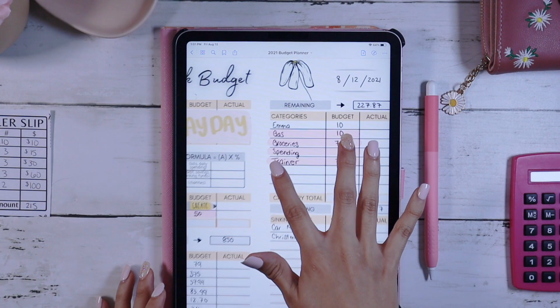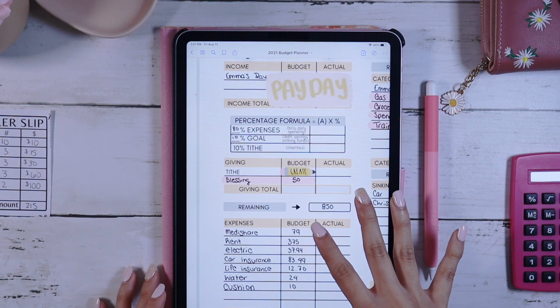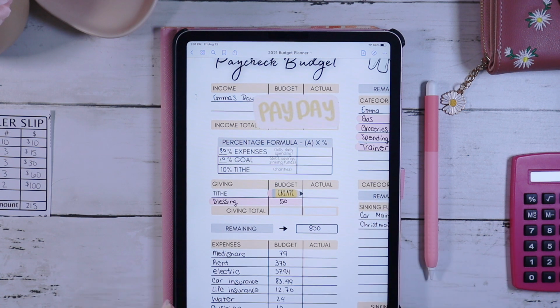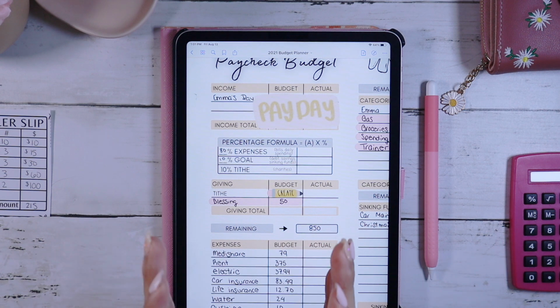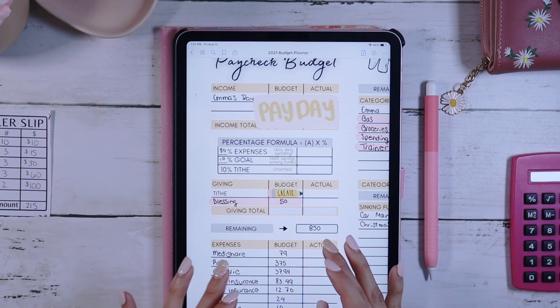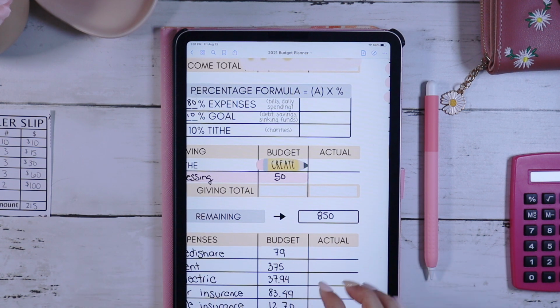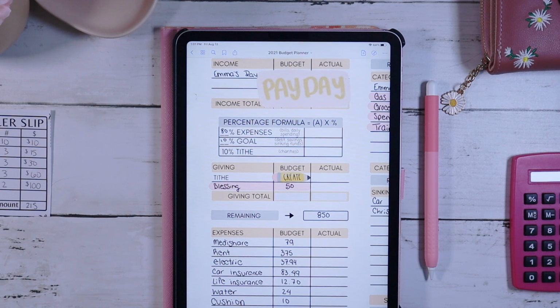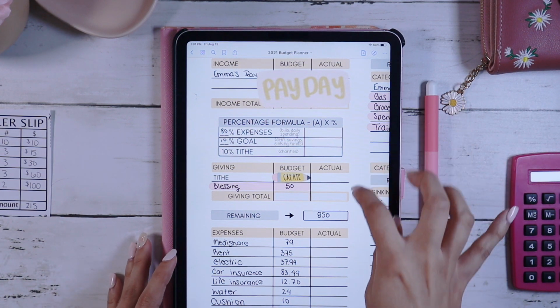Okay, it is the 12th pay, and if you're new here, I am not sharing our true pay numbers, or our tithe. I'm only going to be sharing the remaining amount that we are breaking down in the budget. So right now, the remaining amount that we are budgeting out for is $900.